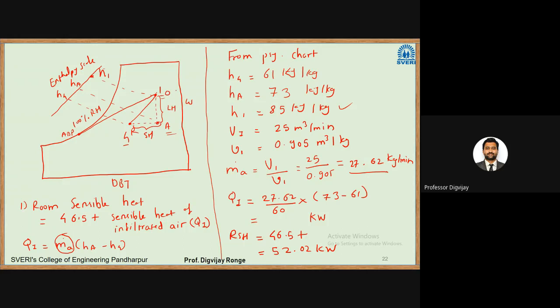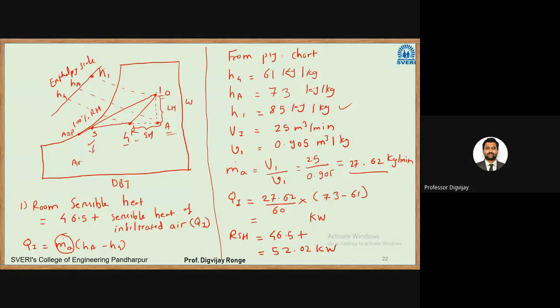Okay. So we have obtained some values here, and here we have obtained the supply air point. Now this is the supply air after the cooling coil, and this is the room condition. See here, there is a mixing.